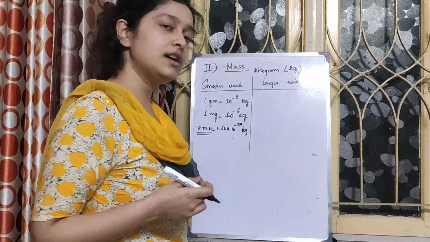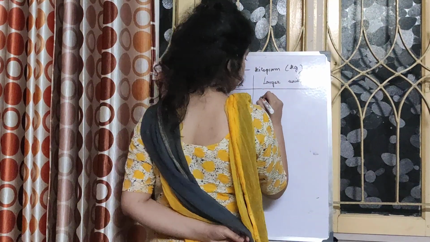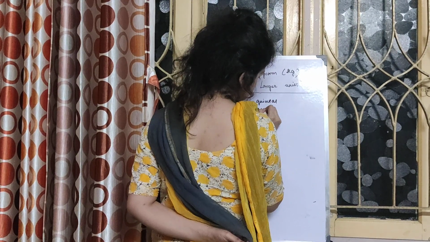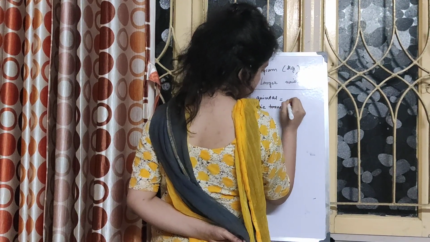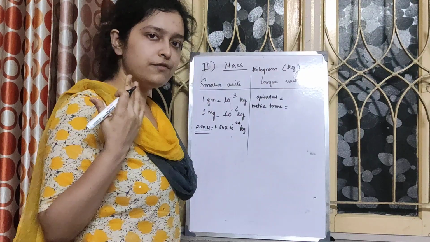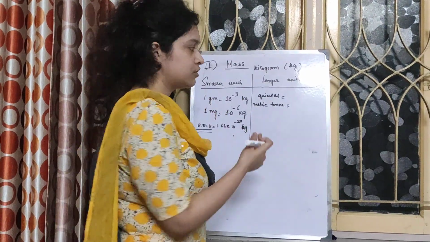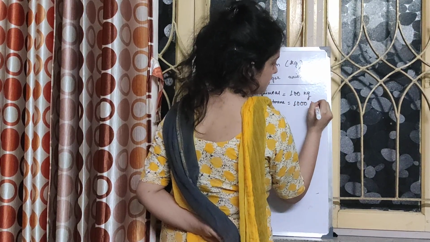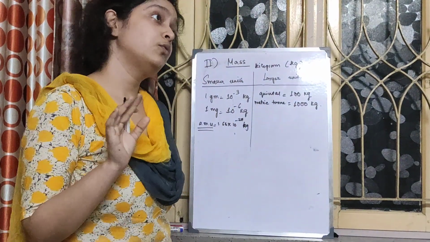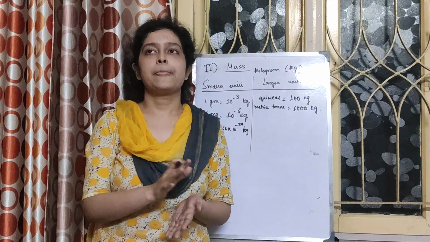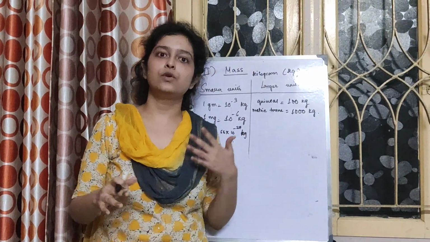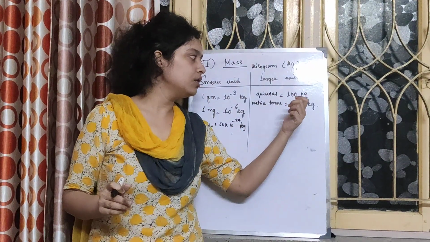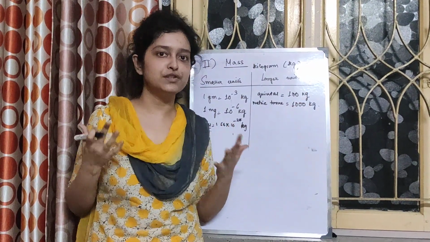Okay, now let's have a look at the larger units. Quintal. You have come across these terms. Quintal, metric ton. Quintal is 100 kg, metric ton is 1000 kg. But suppose we want to express the mass of, say, the sun. These are not sufficient enough.